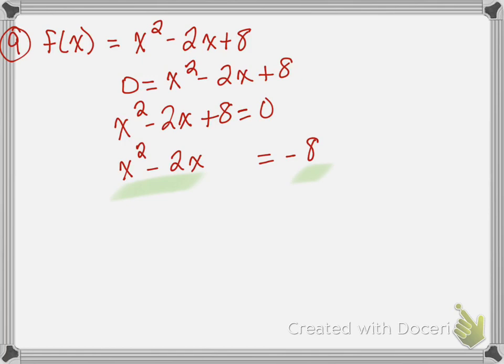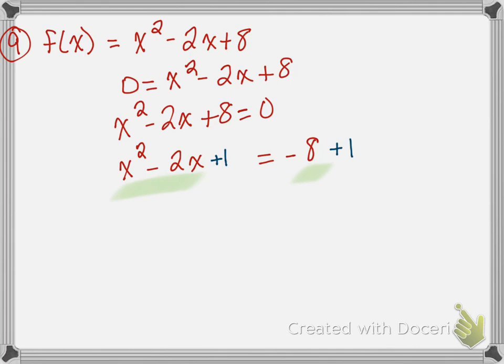The next thing that we're going to do is take half of our b term. So our b term is -2. Half of that is -1, and I am going to square that. -1 squared is +1. And because I've added it to the left-hand side, I also have to add it to the right-hand side.